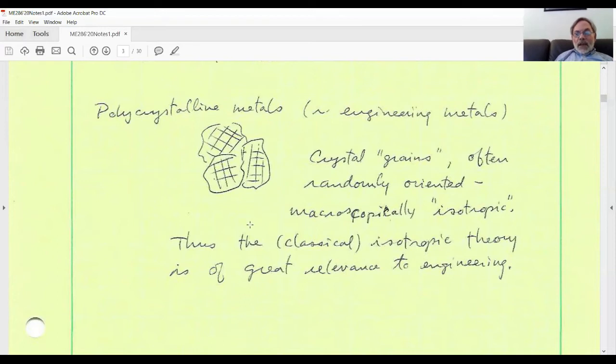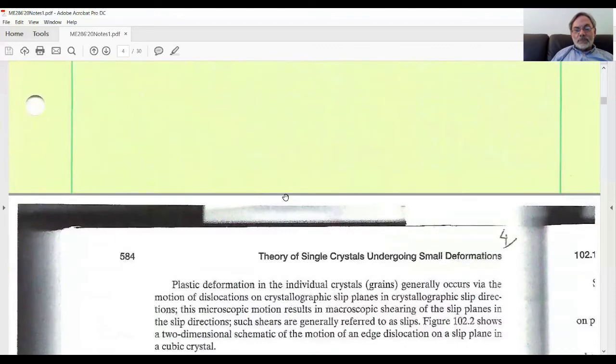And so the classical theory of plasticity, the isotropic theory, which is the subject of the theories put forth historically that I mentioned previously in the distant past, pertains to isotropic response. That turns out to have great utility in engineering precisely because most engineering materials are polycrystalline with approximately randomly oriented crystal grains. They interact with each other at these grain boundaries. Okay? So we will discuss at great length the isotropic theory for this reason.